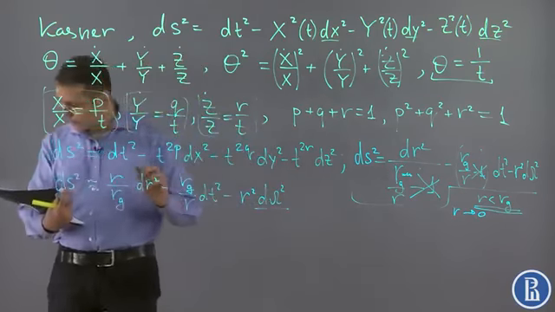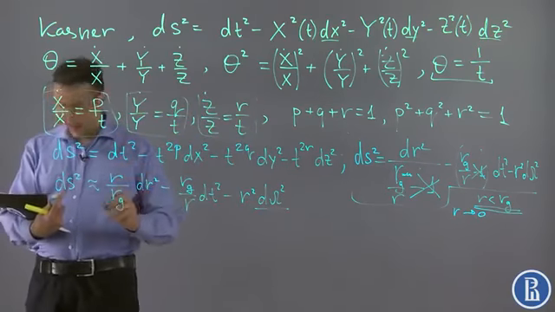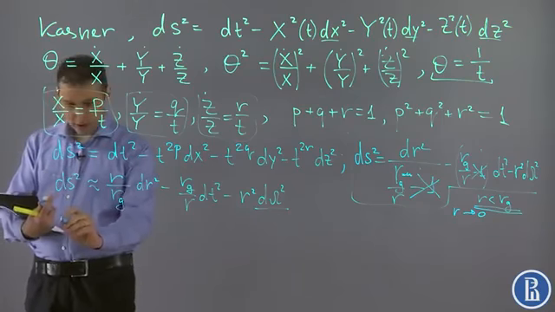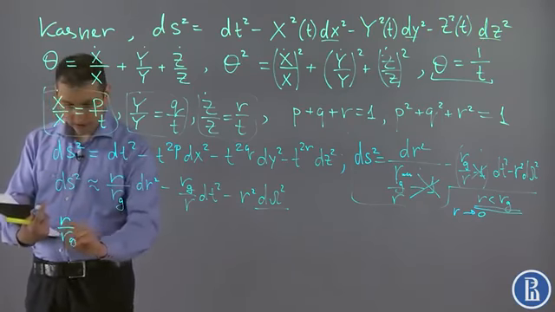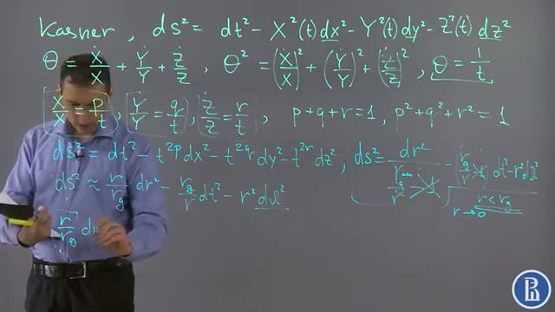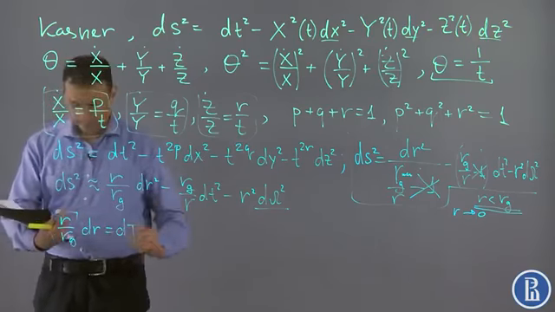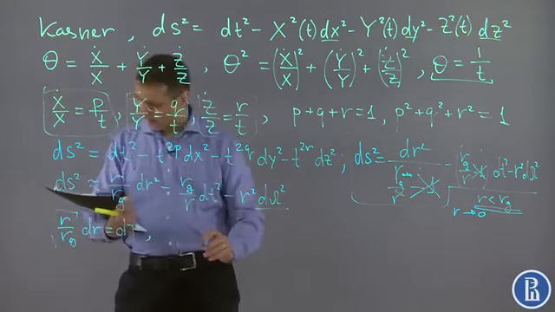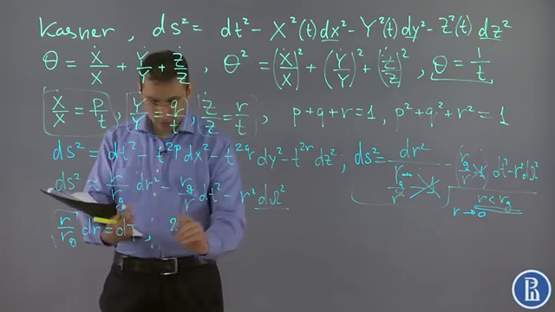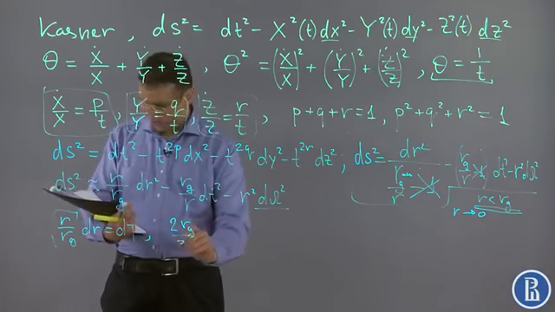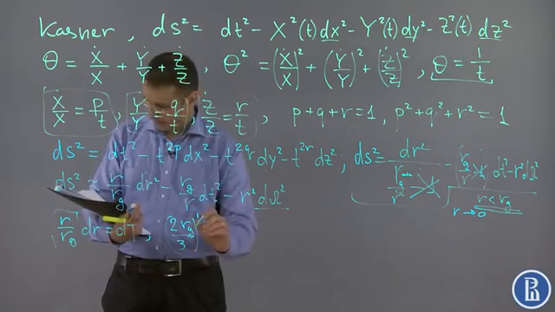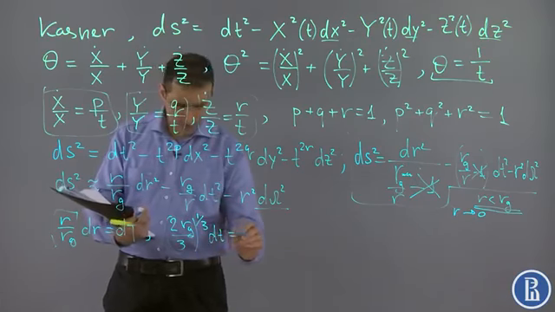Now let us make the following coordinate change. Let us denote the square root of r over rg dr as dt. Then 2 rg over 3 to the power 1/3 dt we denote as dx.